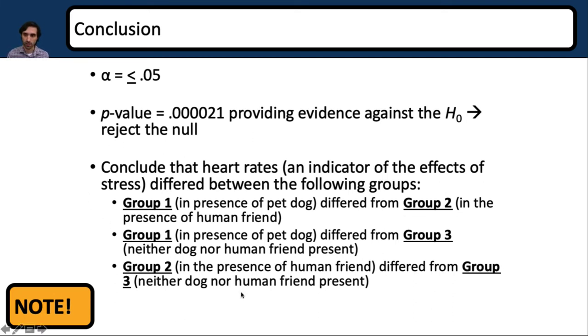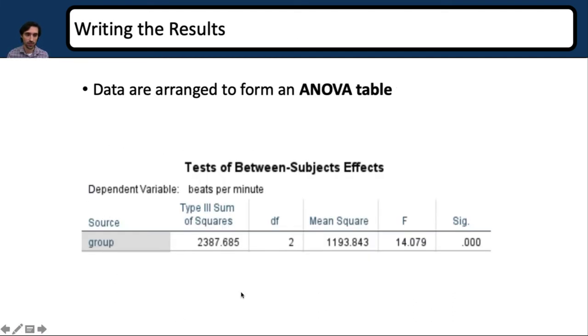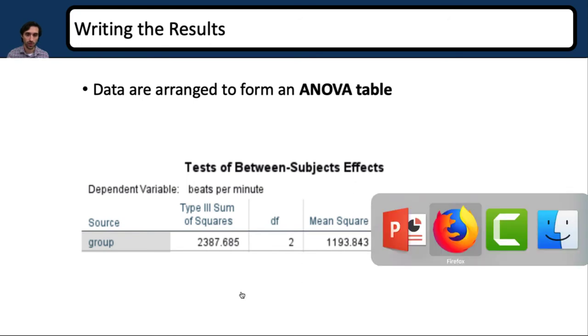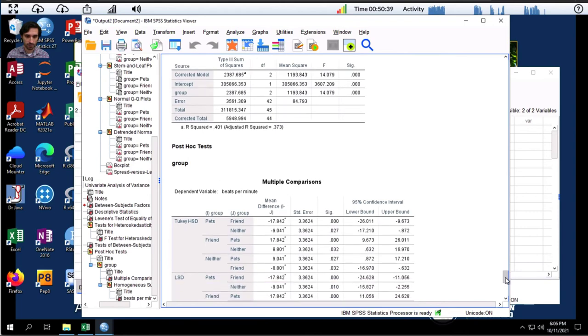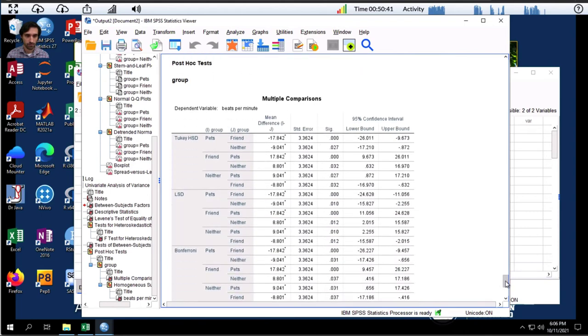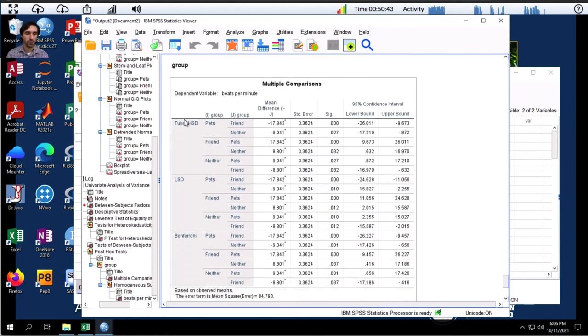Here's the information. You can read it yourself, but I'm going to go back to what it looks like. If I go down here, we are going to find 3 different post hoc groups.